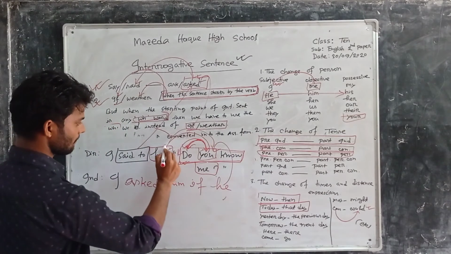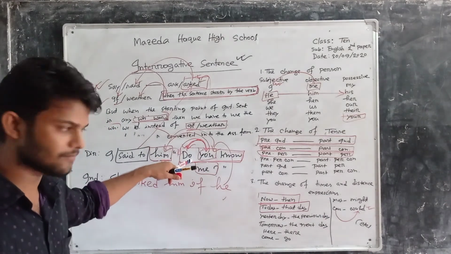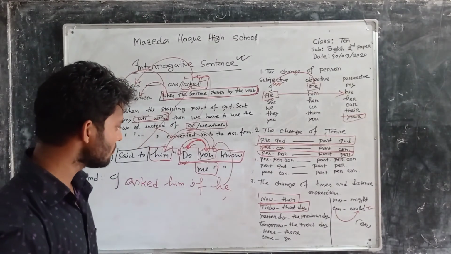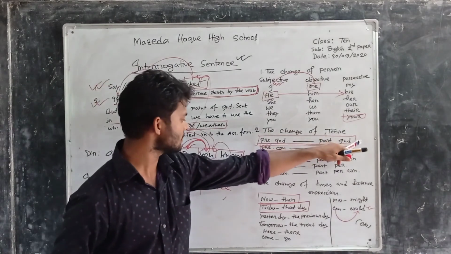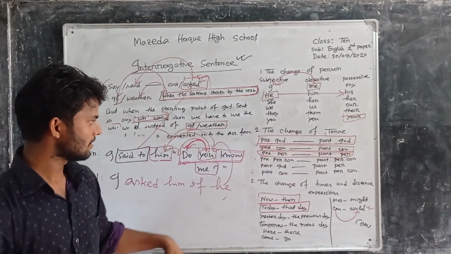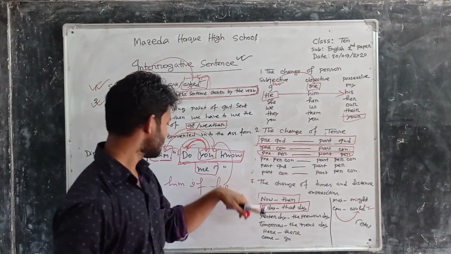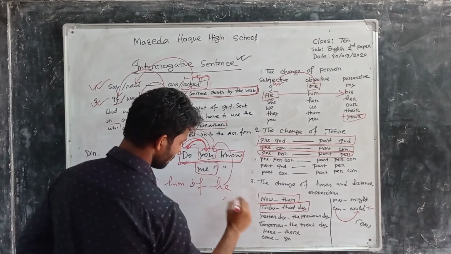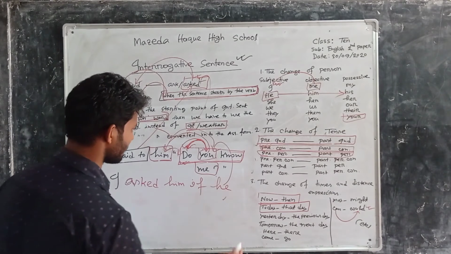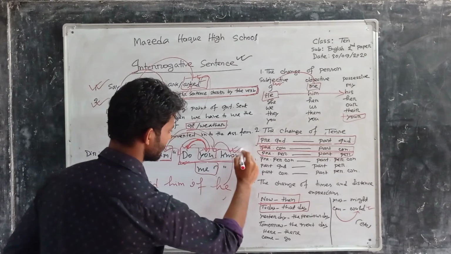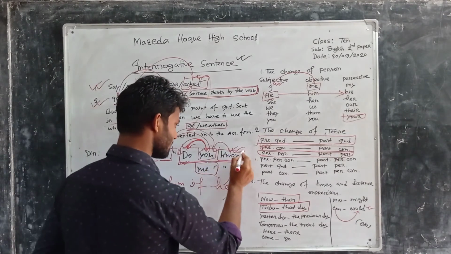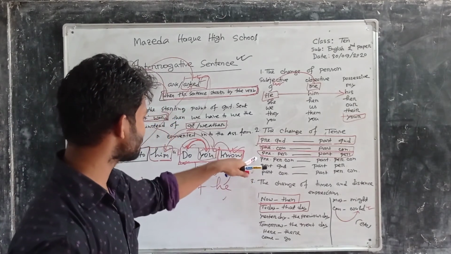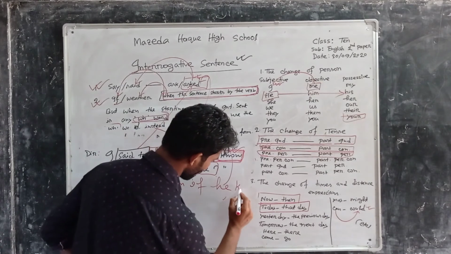Okay, we know in the past indefinite we will use the past form of verb. Here the verb is know. We know the past form of this verb is knew.